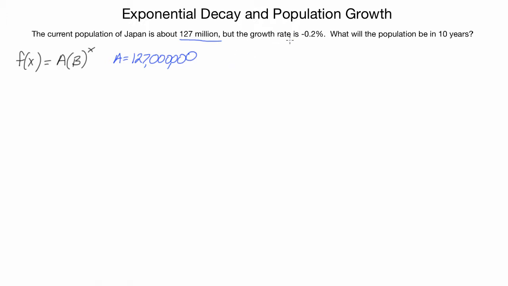All right. My growth rate is negative 0.2%. So how do I translate that into b, what I'm multiplying by? If you remember in exponential decay, that happens when we multiply by a number less than 1. b has to be between 0 and 1.